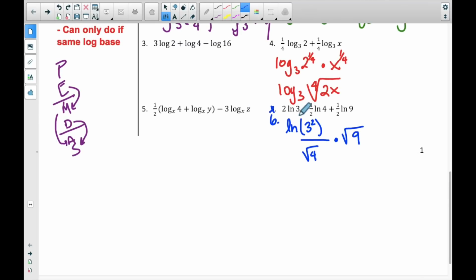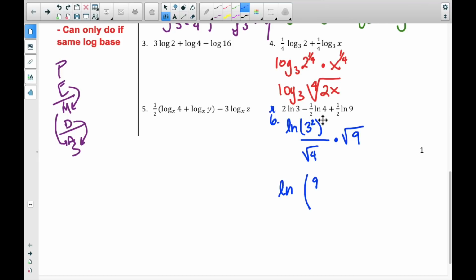As I look at number 6, there's a lot going on, right? And there's several different ways to do it, because when I did it just now, I did it this way. When I did it about 10 minutes ago, I did it a little bit differently. But what you have here is the natural log of, now 3 squared is 9, and that came because it was a 3 here and a 2 here. So we take that 2 and we make it into a power.